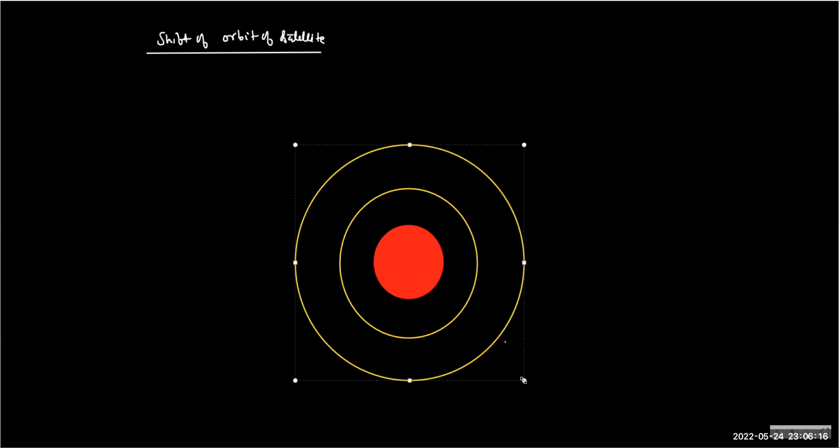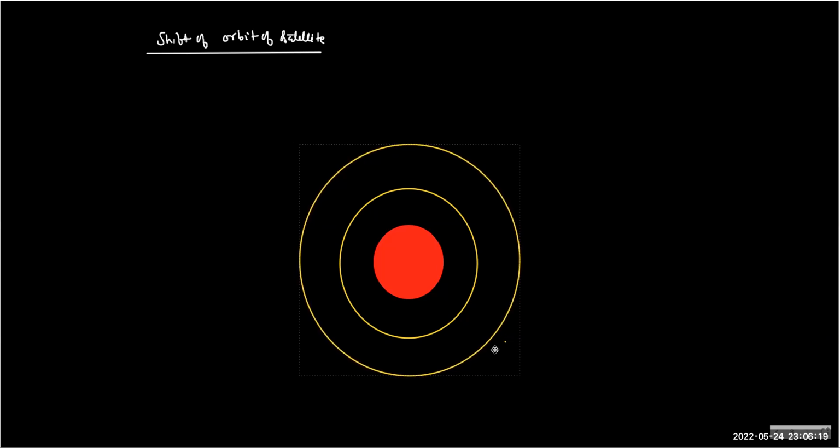So that we can solve using the work energy theorem. If we have a satellite which you want to shift, no matter how you want to shift it, shifting means you have to establish it from one orbit to another orbit. Every orbit will have its own orbital velocity, so we cannot avoid the velocity.